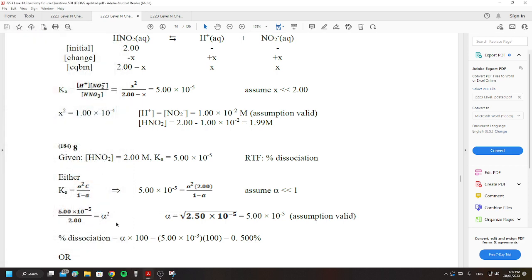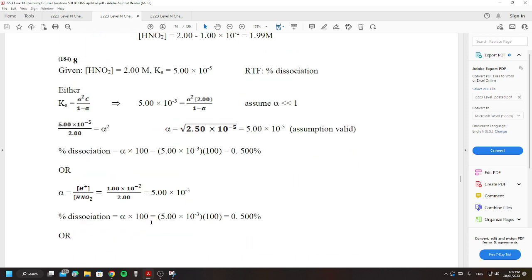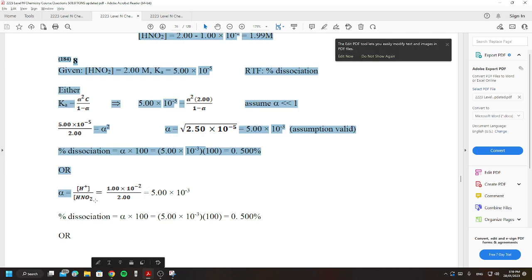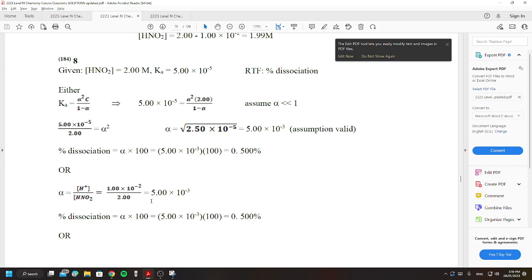I never got what alpha meant, but you can just apply this formula. Here they told us alpha, or you can use this formula. So this is the one I use: the concentration of H plus over the concentration of HNO2, and we got the percent dissociation to be 0.5.